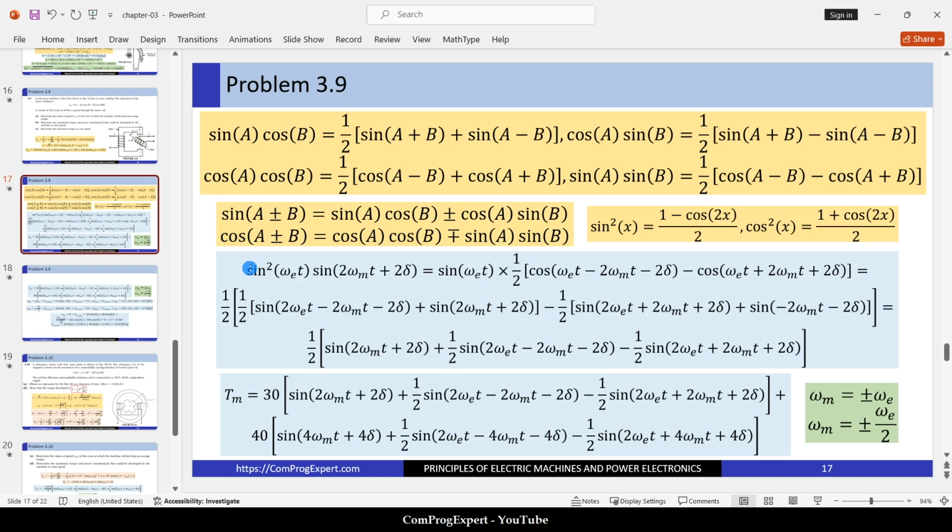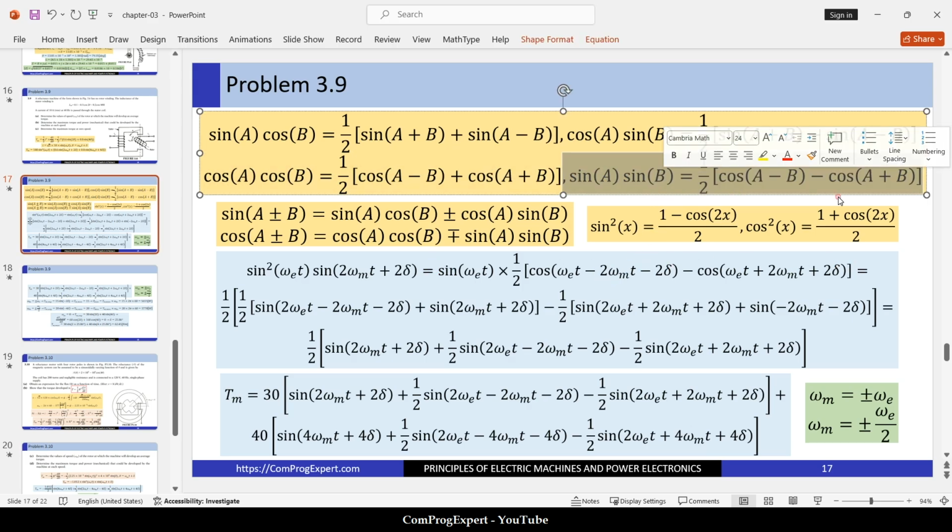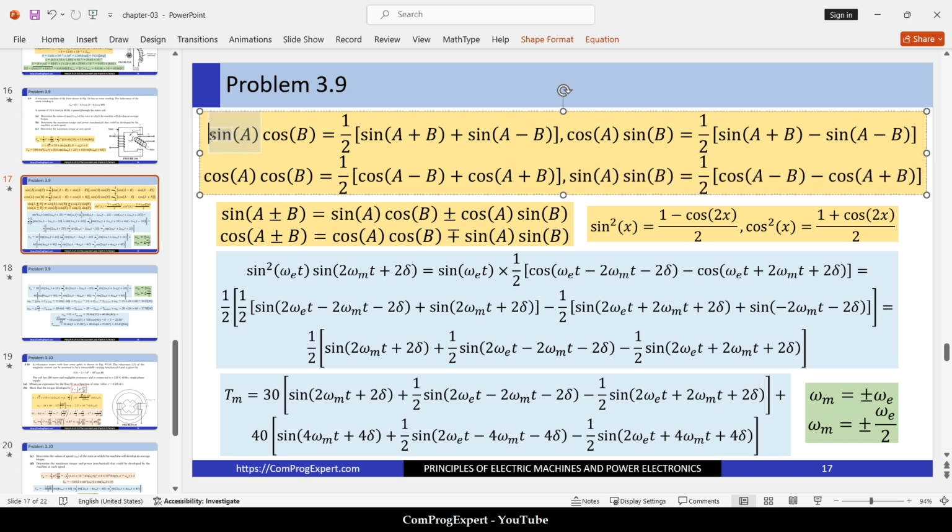How can we simplify this product, sine of omega et to the power 2 times sine of 2 times omega mt plus 2 times delta? This is equal to this one. Okay, if I use this equation first, we have this, and again I can repeat the product and use this equation, sine times cosine.